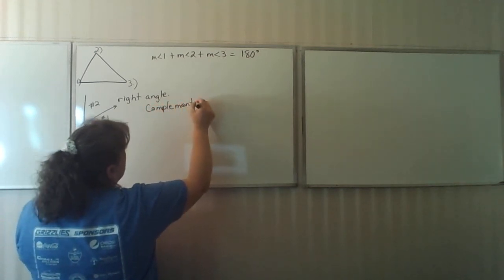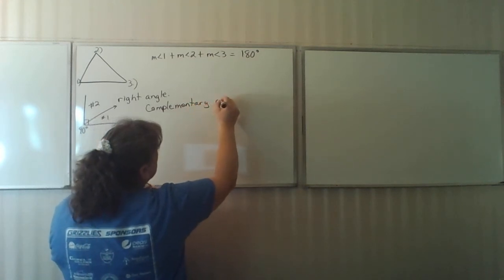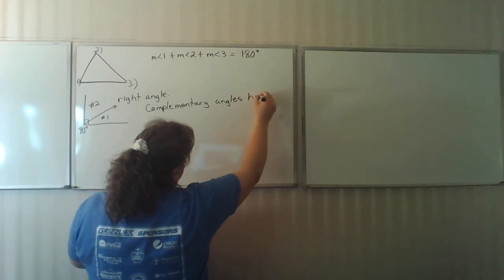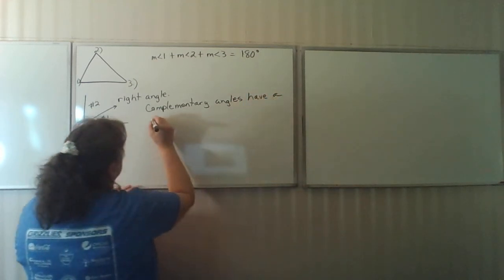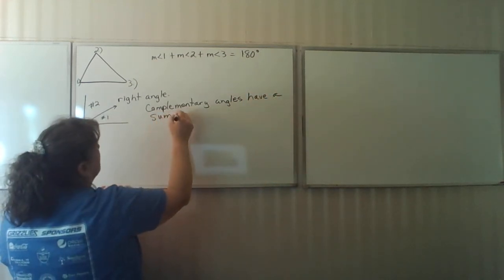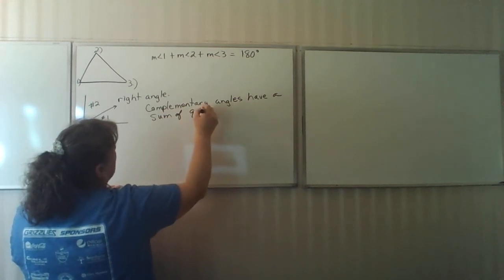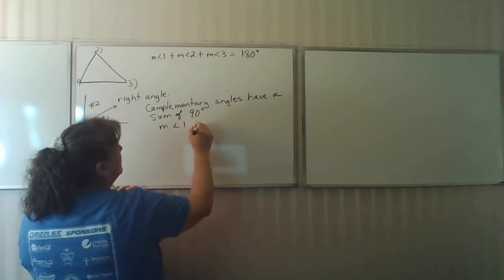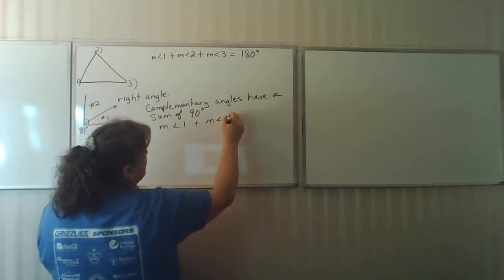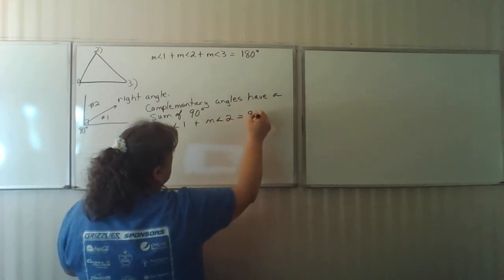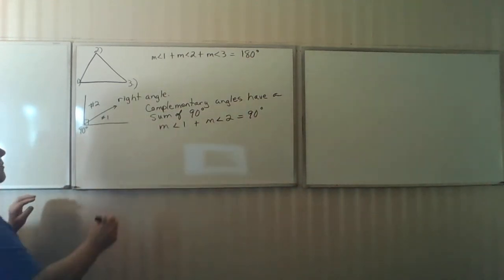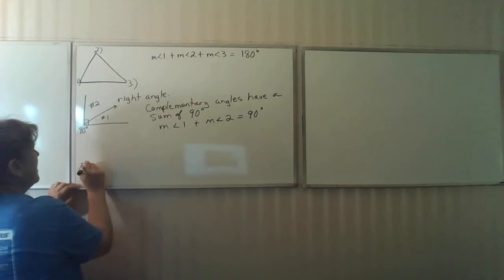And complementary angles also have a sum of 90 degrees. And so, we would say the measure of angle 1 plus the measure of angle 2 is equal to 90 degrees.